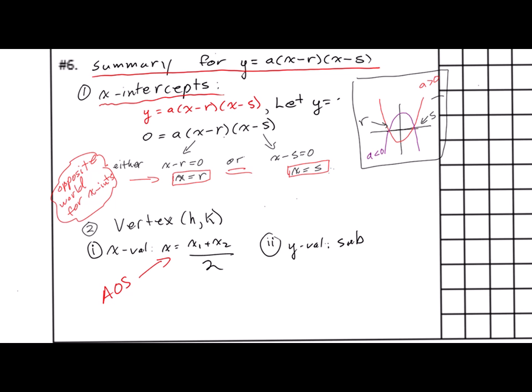Just remember, the axis of symmetry allows us to find the y value by subbing into the original equation. Think of the axis of symmetry as nothing more than the average of two numbers. Now, we sub our values back into our equation, and we find our y value, and that gives us the total coordinates of our vertex, and we are done.